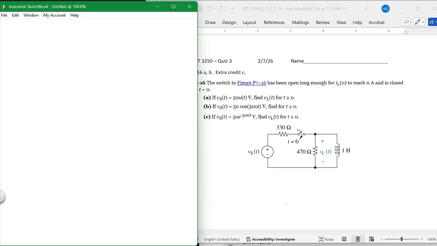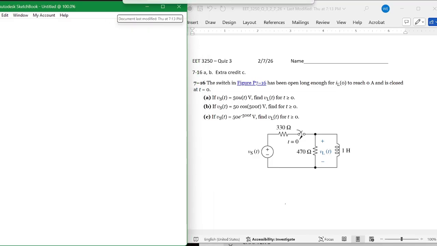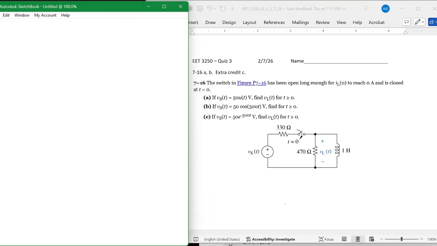All right. So what are we asking for in this question? What is this question about?